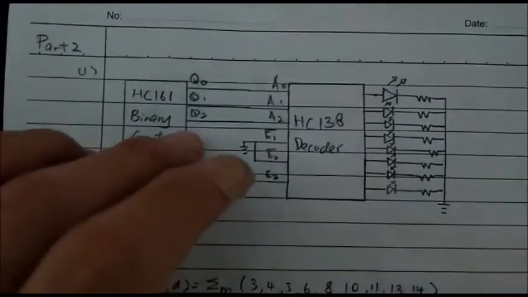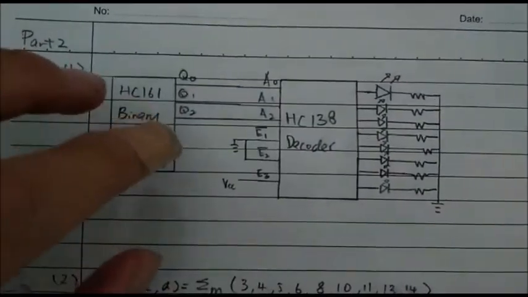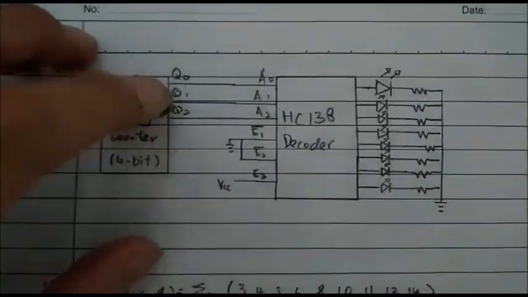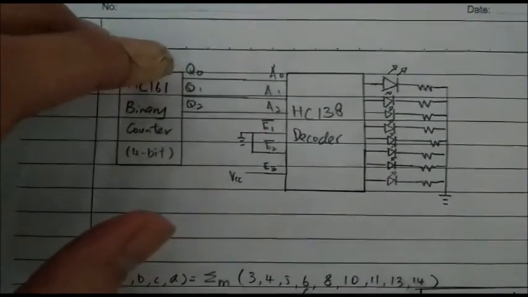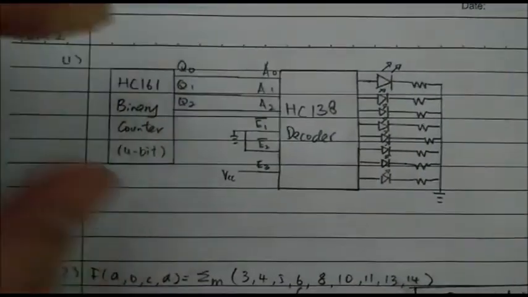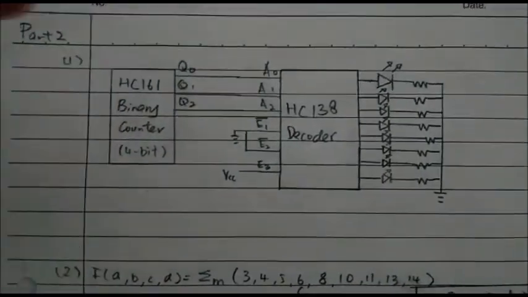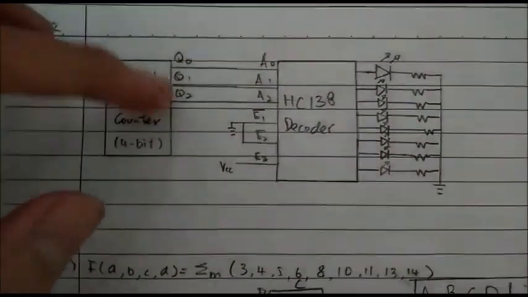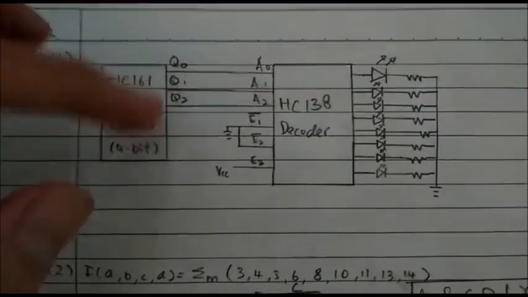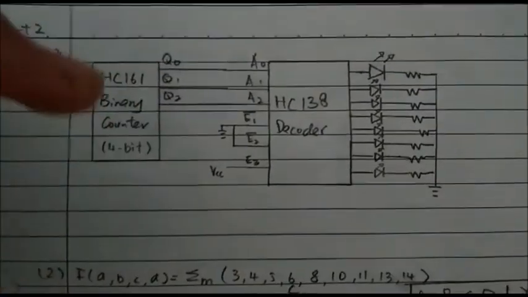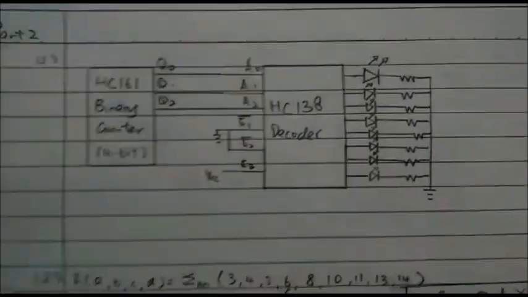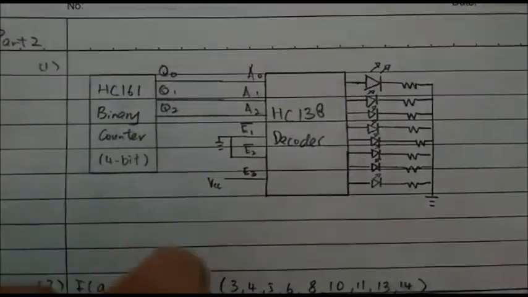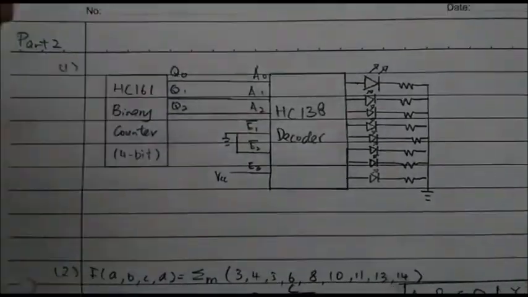For example, when it's 1, 0, 0, 0, it's the same as it being 0, 0, 0, 0. When it becomes 1, 0, 0, 0, it's just like the numbers looping again. So from let's say 1, 1, 1, it goes to 1, 0, 0, 0. So it's like it loops back from 1, 1, 1 to 0, 0, 0. So that's basically why we do not use Q3, because it's considered a don't care in this case.